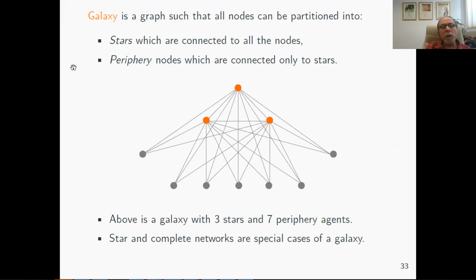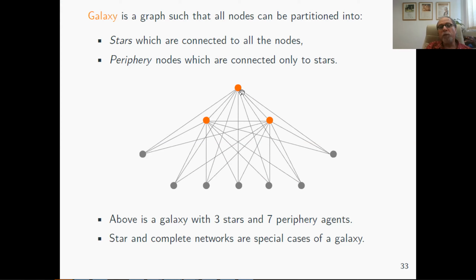Okay, so now I'm going to talk about galaxies. We know what a star is. Look at this network, and if you eliminate these two nodes, the two central orange nodes, you have a star. What is a star? In a star, you have a node that is connected to all other players that I'm going to call a periphery.